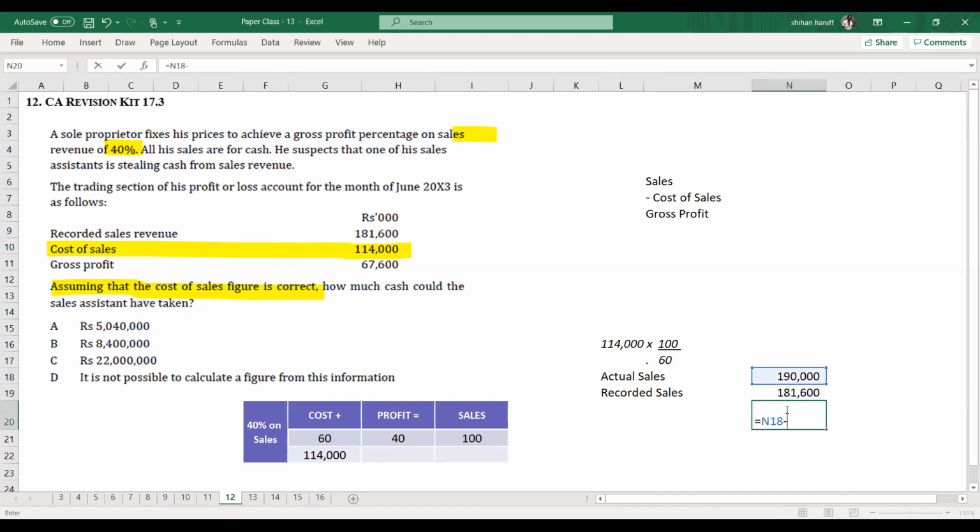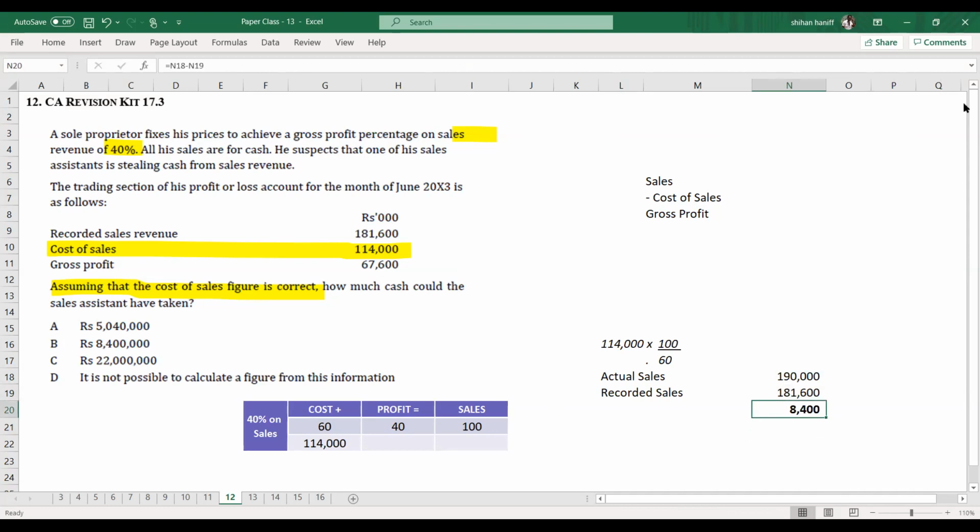That's the difference between these two. He has taken 8,400 from the business. 8,400 is the cash stolen from the business by the sales assistant.